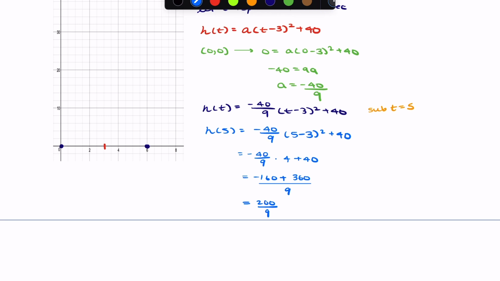So here, if we write our concluding statement, therefore at 5 seconds, the golf ball reaches a height of 200 over 9 meters.